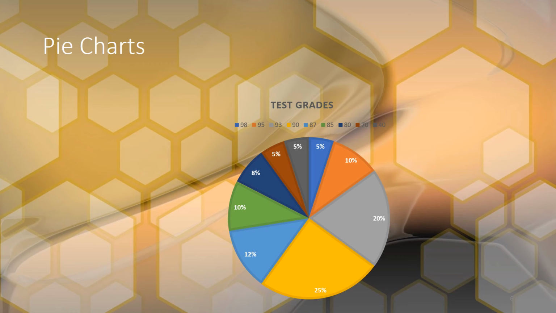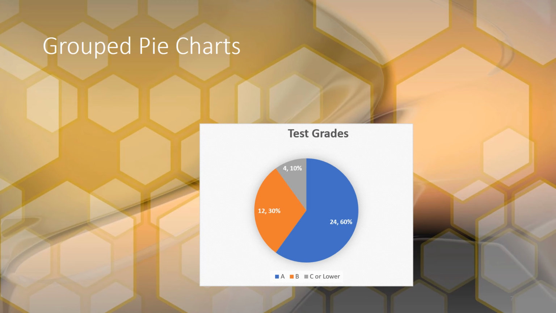Anytime you make a pie chart or a bar chart, you need to make a frequency table first. And so here's the proportions. You can see the bigger slices get a bigger percentage, and that means more people had that grade. The biggest chunk here is 25%, which looks like a 90.